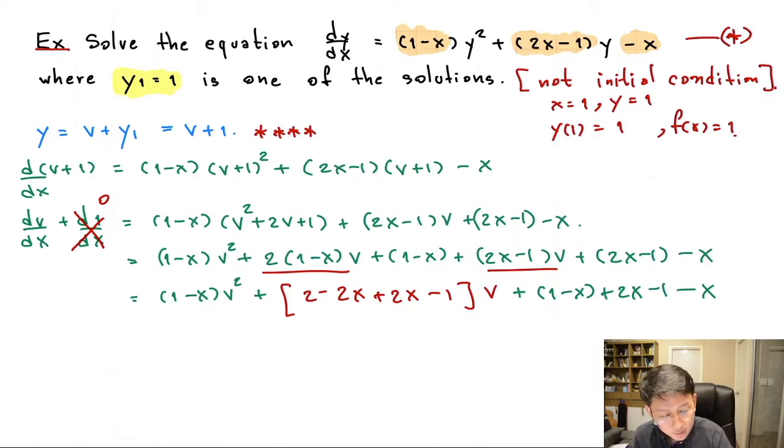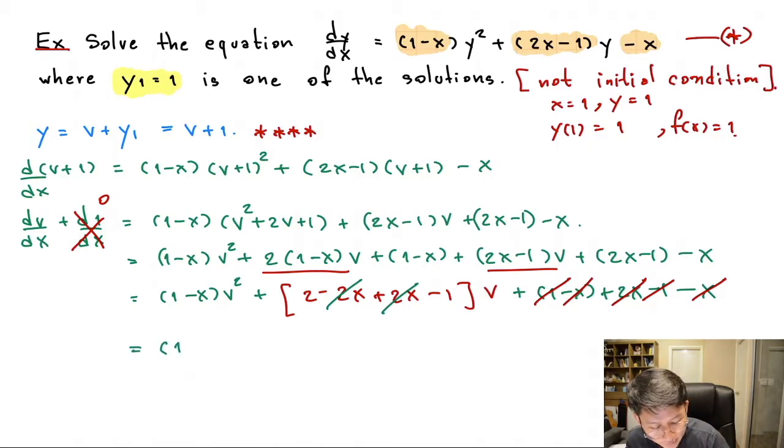So guys, look at this. This is 2x, this is minus x, so they get cancelled out. Here minus 1 and 1 also get cancelled out. And 2 minus 1 is actually 1. So we have (1 minus x)v squared plus v.